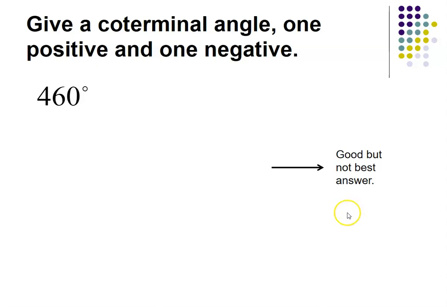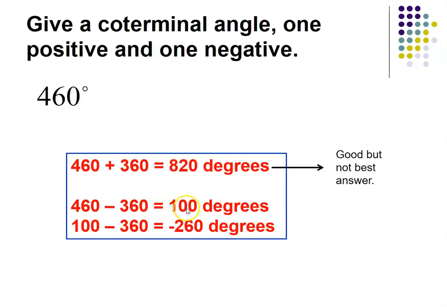Now for 460, if you subtract 360, the answer is 100 degrees, which is still positive. So you subtract again by 360, and you get negative 260 degrees.